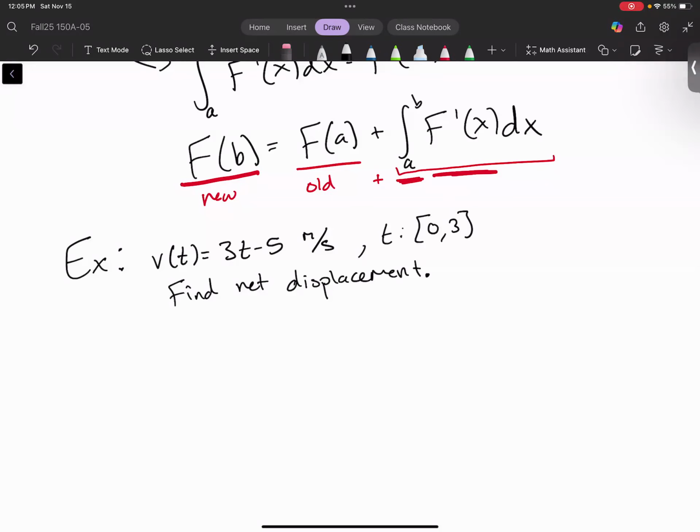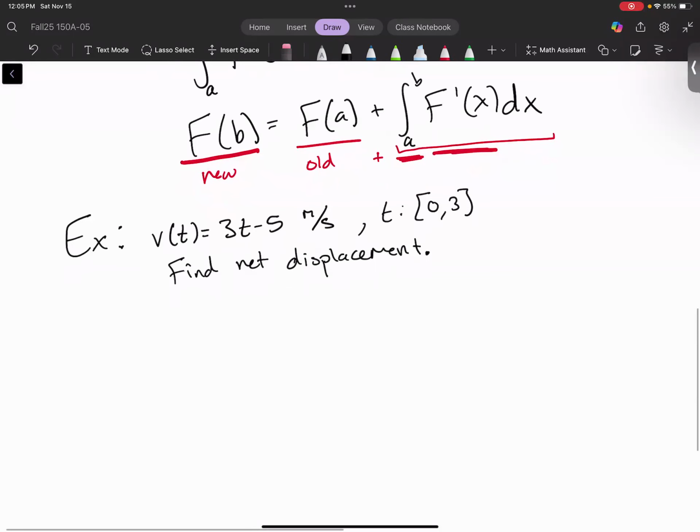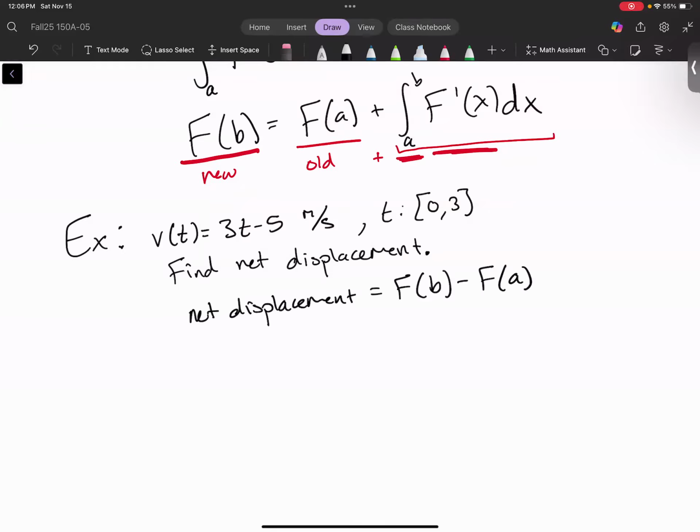Now, remember this equation up here. Net displacement equals my end position minus my initial position.